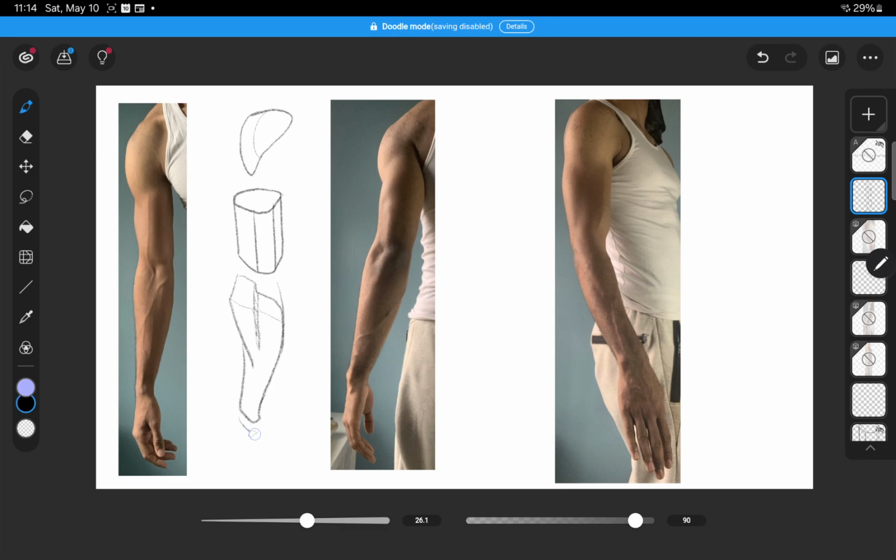And then you have the hand, which is a whole other beast. So that's essentially what I'm thinking about when I'm drawing the arm.